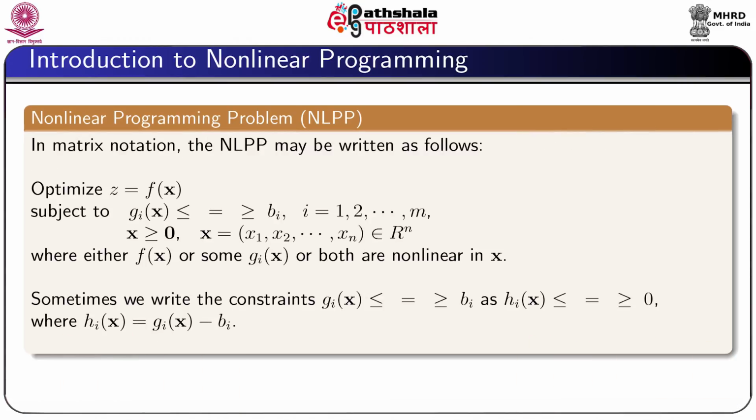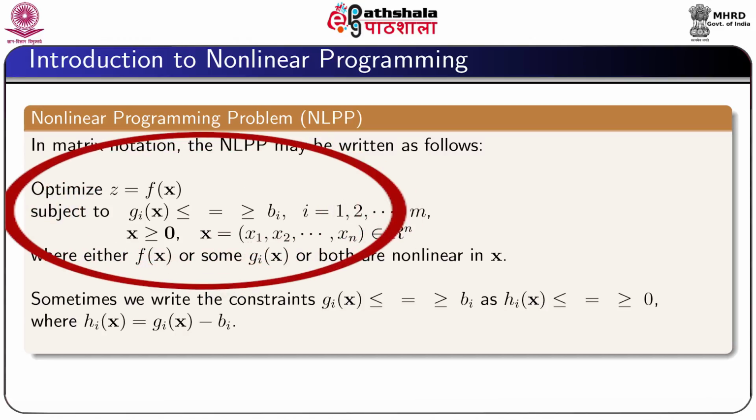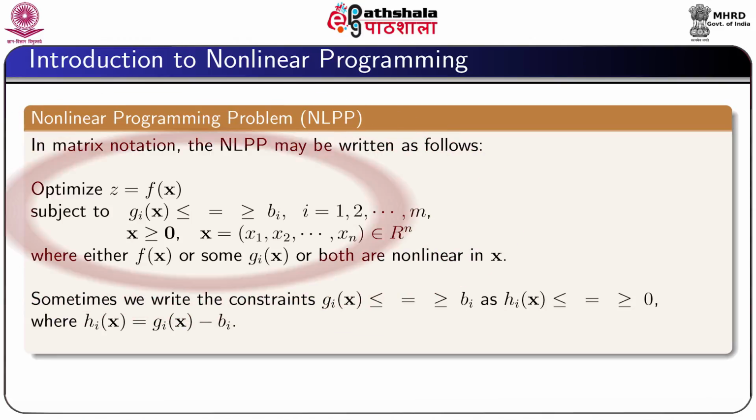In matrix notation, the NLPP may be written as follows. Determine x belongs to Rn so as to maximize or minimize the objective function Z equal to f(x), subject to gi(x) less than or equal to, or greater than or equal to bi for i equal to 1 up to m, and x greater than or equal to 0, where x is equal to (x1, x2, ..., xn) belonging to Rn.